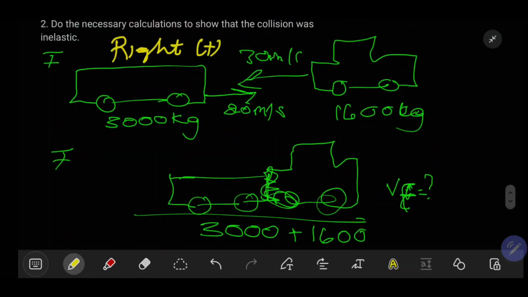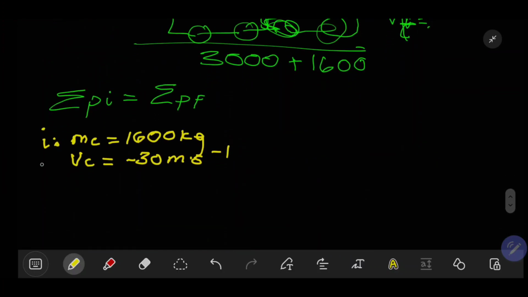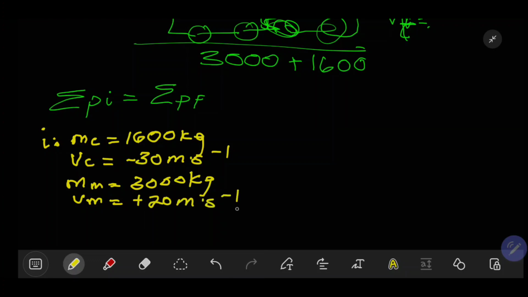Then we have the mass of the minibus, which is 30,000 kg, and its velocity is positive 20 meters per second.